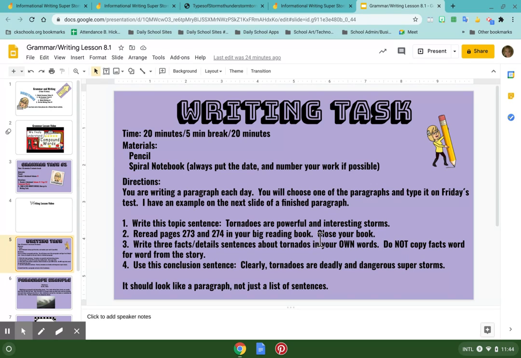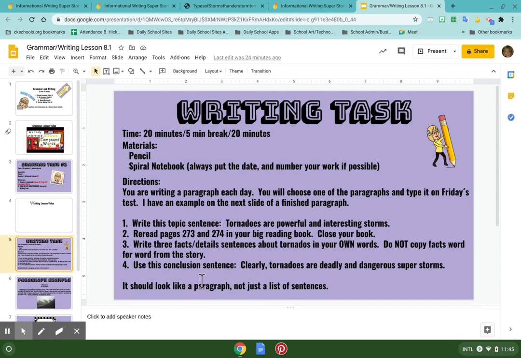Draw the circle at the top, the 3 circles in the middle, and the circle at the bottom. I want you to only use the 3 circles in the middle, okay? And write 3 facts about tornadoes in your own words. If you need to go back to the book to look for spelling and stuff, that's okay, but don't copy it word for word, all right?